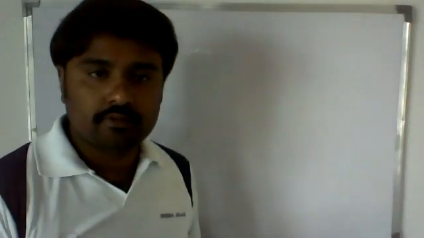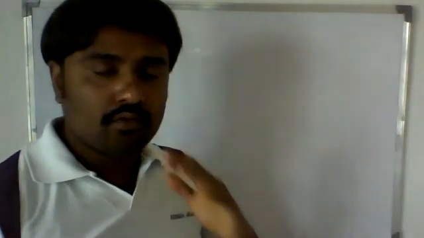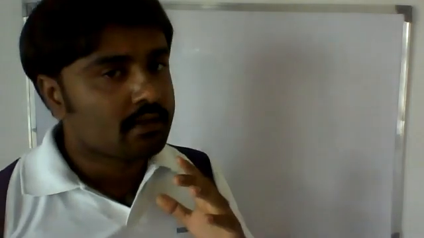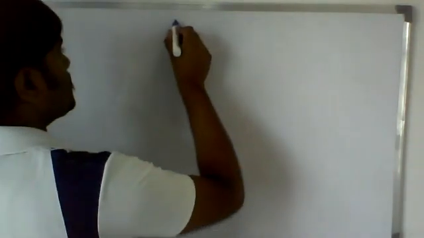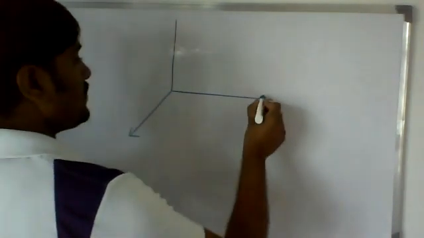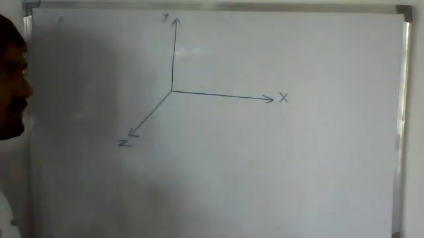So this is actually the second application of Gauss's law, the derivation of the expression for electric intensity at a point due to a uniformly charged infinite plane sheet. First, let us consider Cartesian coordinates. This is the x-axis, one is the y-axis, one is the z-axis.